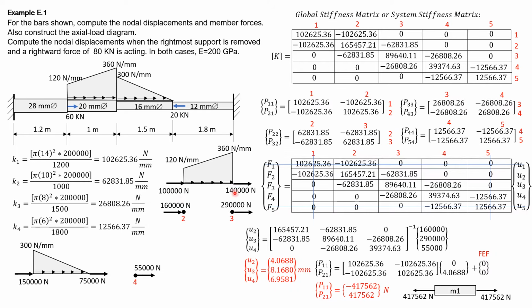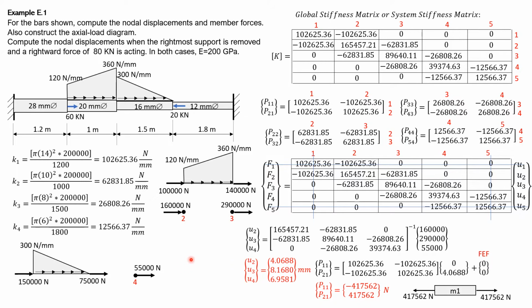At node 3, we have 140,000 and also 150,000, so adding them is 290,000 newtons at node 3. At node 4, we have 75,000 rightward. Then because there's already a load here of 20,000 to the left, so minus 20,000, we have 55,000 newtons at node 4.